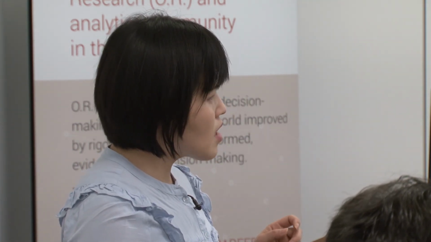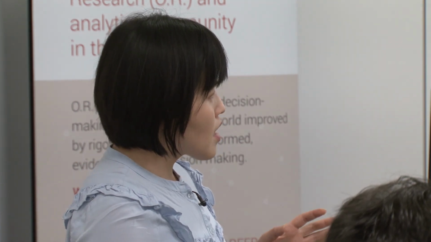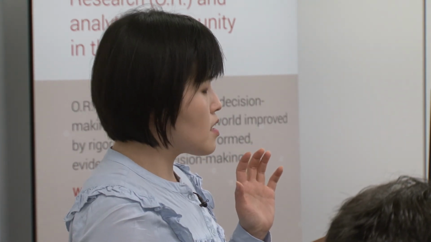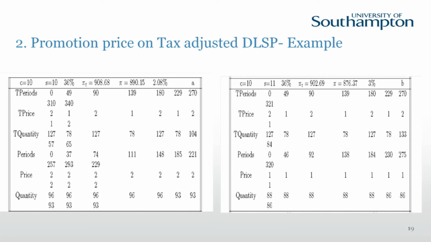We got some numerical examples. In this case, if we use the DRSP problem, the 2 means they go to the promotion price, so they say to do the promotion price over the whole planning horizon. But here, it only does not do the promotions.